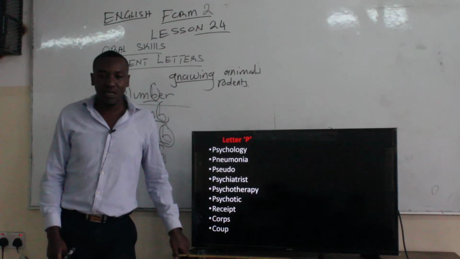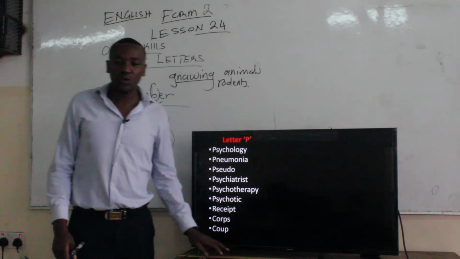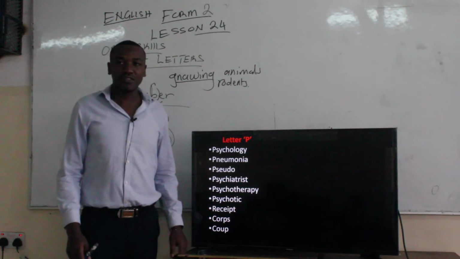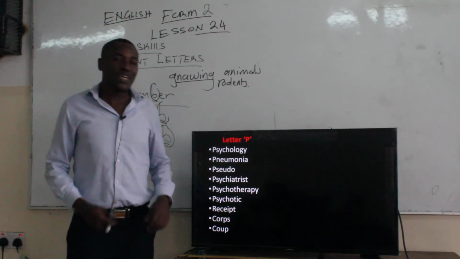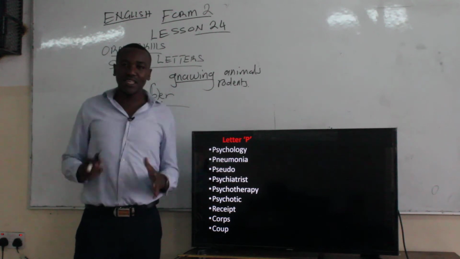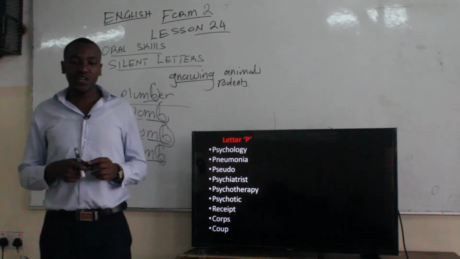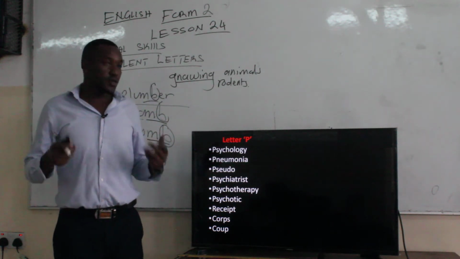The next letter is P, whereby the P is not pronounced anytime we are saying these words. The first word is psychology. We talk about a disease known as pneumonia. Then we say pseudo.